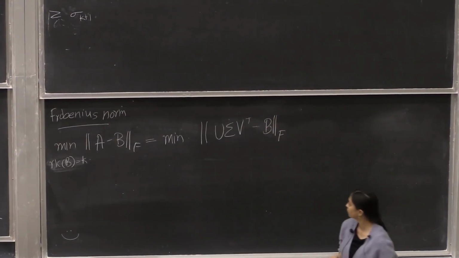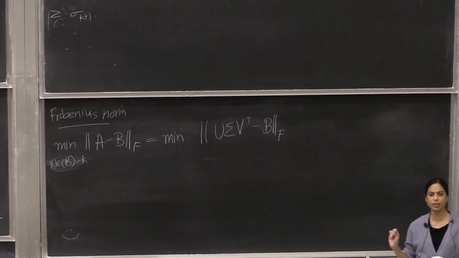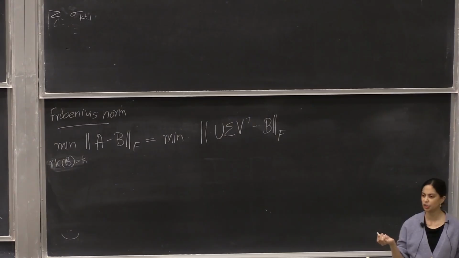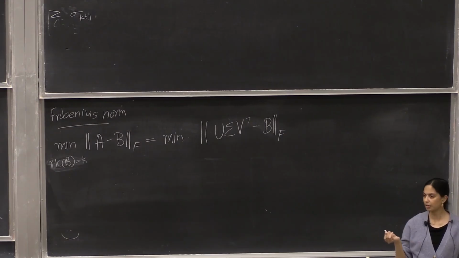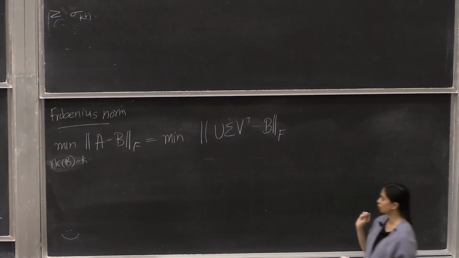Okay? Now this is a Frobenius norm. Is the Frobenius norm invariant to orthonormal transformations? We proved this last time, right? Does it matter if I multiply the entire thing inside the Frobenius norm by an orthonormal matrix? No. Frobenius norm does not change, right?